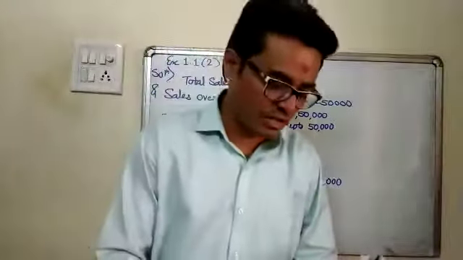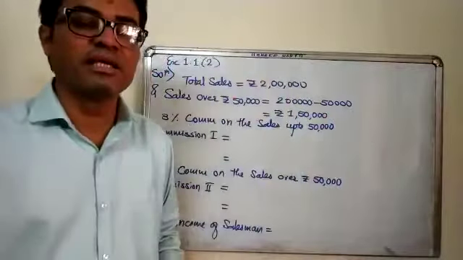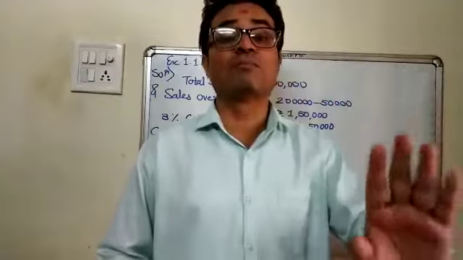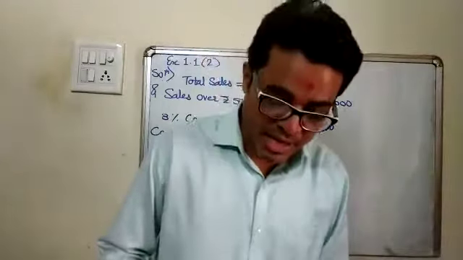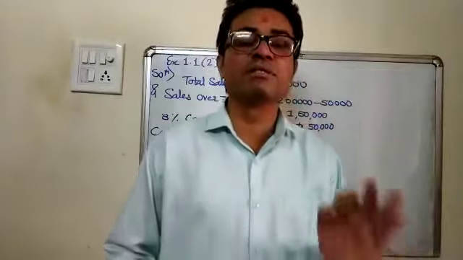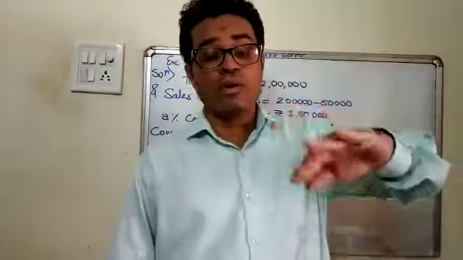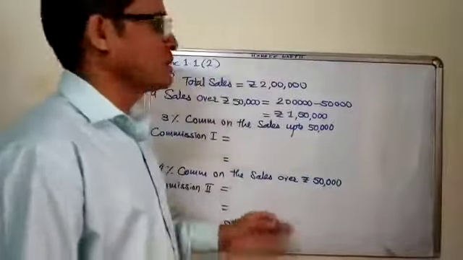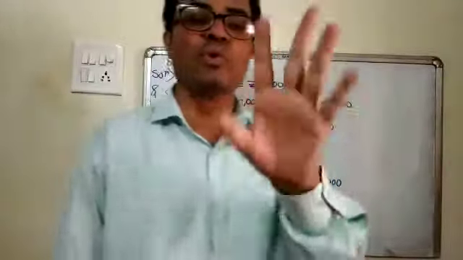Your second question. A salesman receives 3% commission on sales up to 50,000 and 4% commission on sales over 50,000. Find his income on the total sales of rupees 2 lakhs.